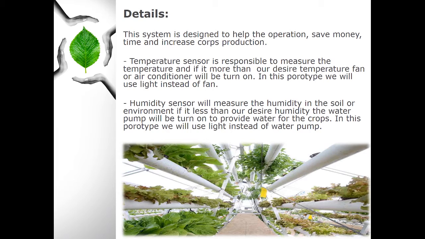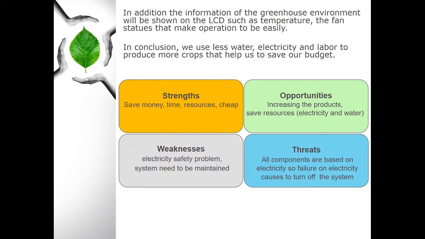If it's less than our desired humidity, the water pump will be turned on to provide water for the crops. In this prototype, we will use the light instead of the water pump. In addition, the temperature, humidity information and the status of the fan will show on the display to make the operation easy.